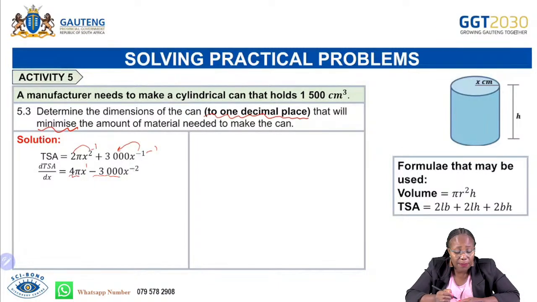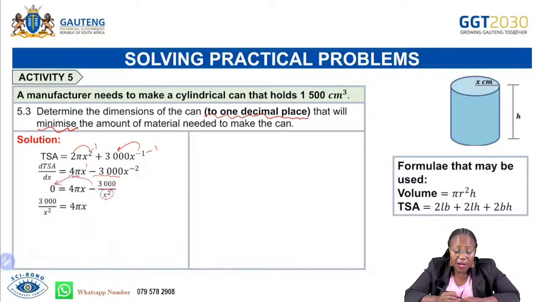And then the next step, grade 12, let it equal to 0 and solve for x. So we are going to multiply throughout by x squared on the denominator there so that you can get rid of that one. Then we transpose this one to the left-hand side. Then we end up with 3000 over x squared equal to 4 pi x cubed.